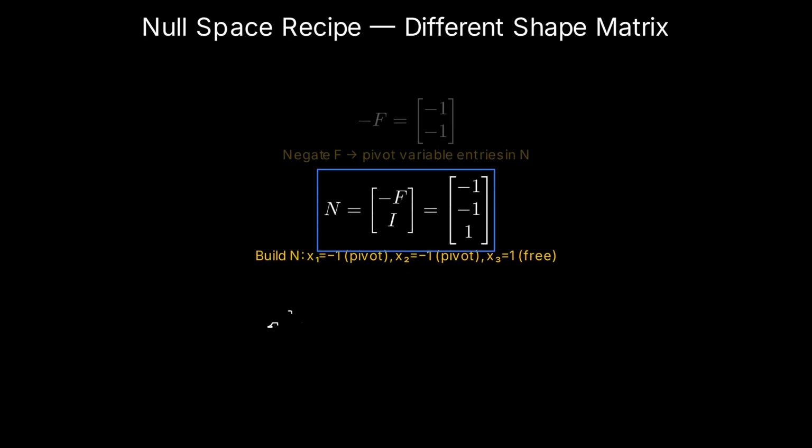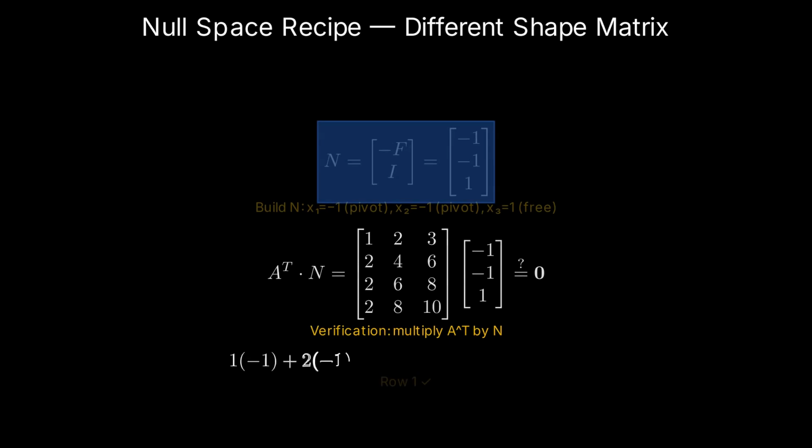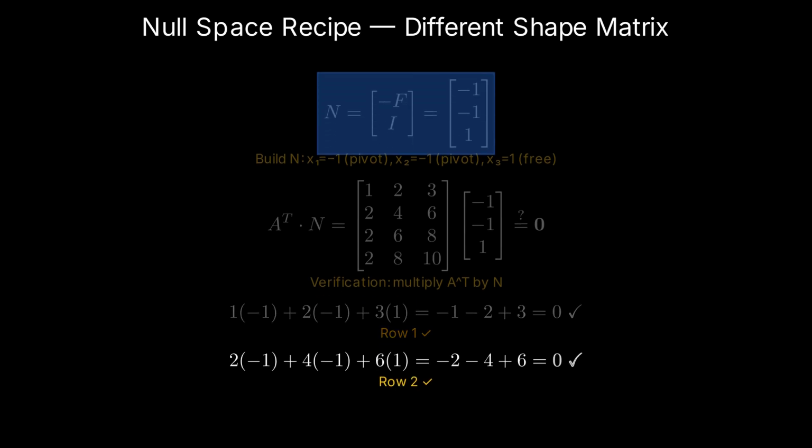Let's do a quick check. A transpose times this vector, first row: 1 times -1 plus 2 times -1 plus 3 times 1 equals -1 minus 2 plus 3, which equals 0. Second row: 2 times -1 plus 4 times -1 plus 6 times 1 equals -2 minus 4 plus 6, which equals 0.